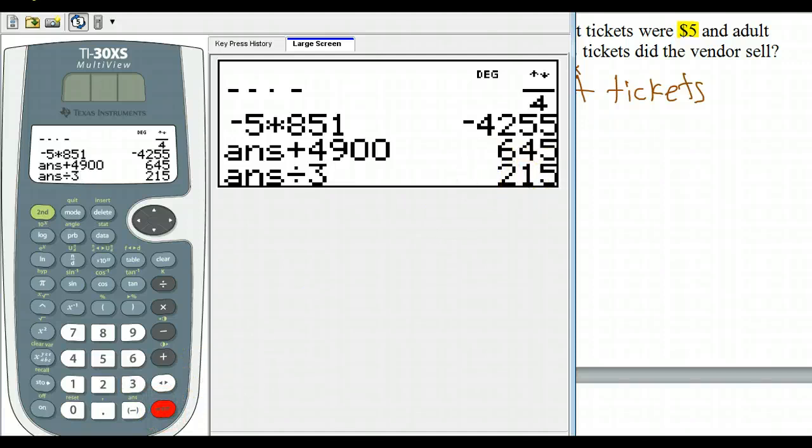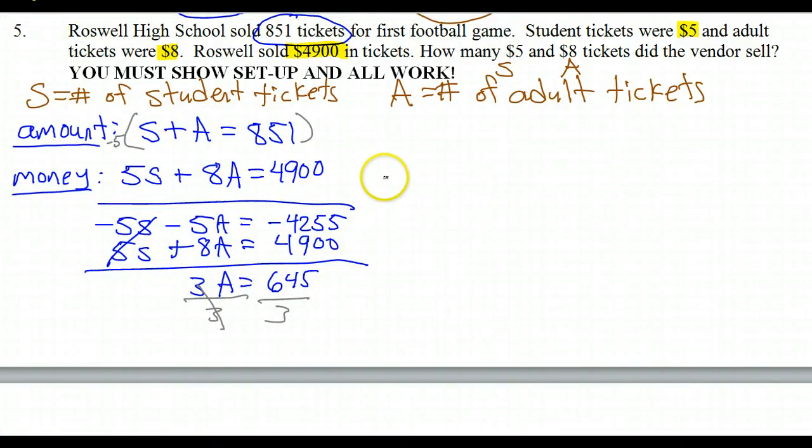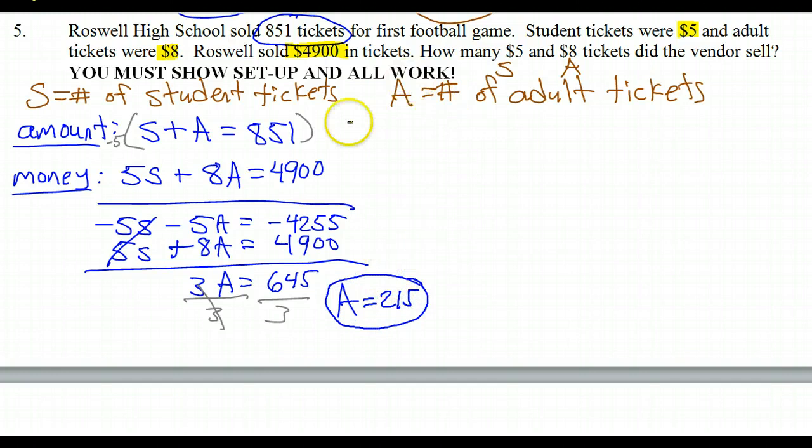That gives me 215. I just discovered that a, the number of adult tickets, is 215. So that's one of my answers. I still need to find the number of student tickets.